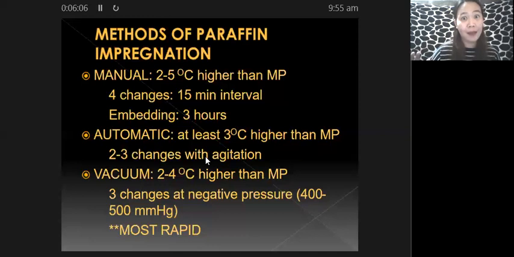Another is your automatic paraffin impregnation. For automatic paraffin impregnation, the required temperature is at least 3 degrees higher than the melting point of the wax.